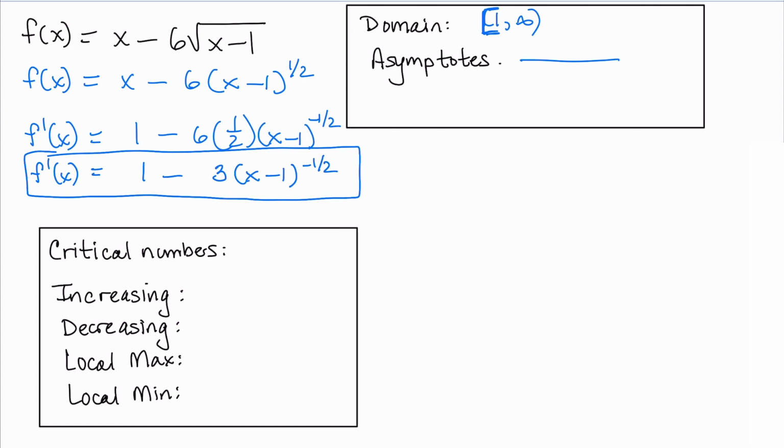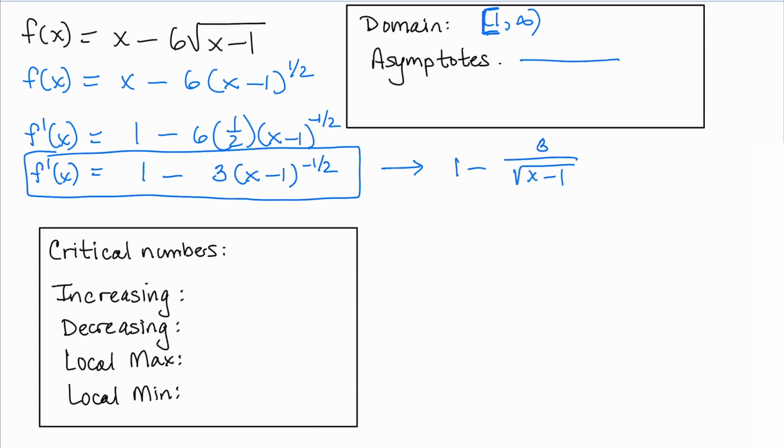So thinking about critical numbers, usually we would set this equal to 0 and undefined. I'm going to rewrite the derivative in a more friendly form. Now remember, negative 1/2 power is 1/2 power in the denominator, and that 1/2 power really means the square root. So this is 1 minus 3 over square root x minus 1.